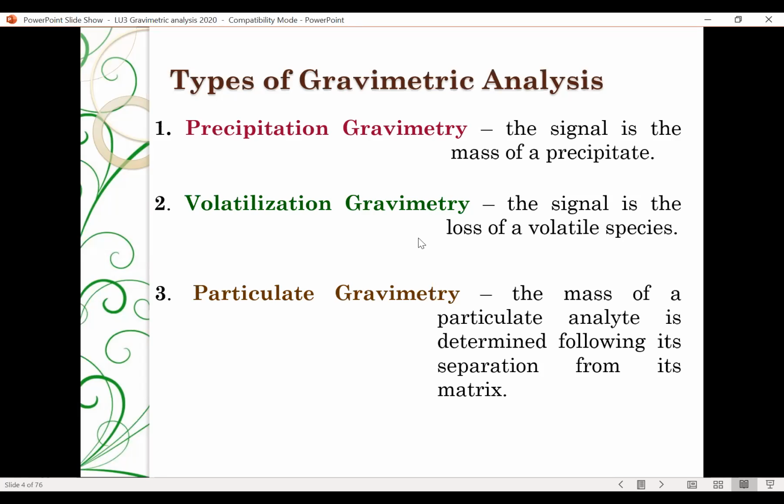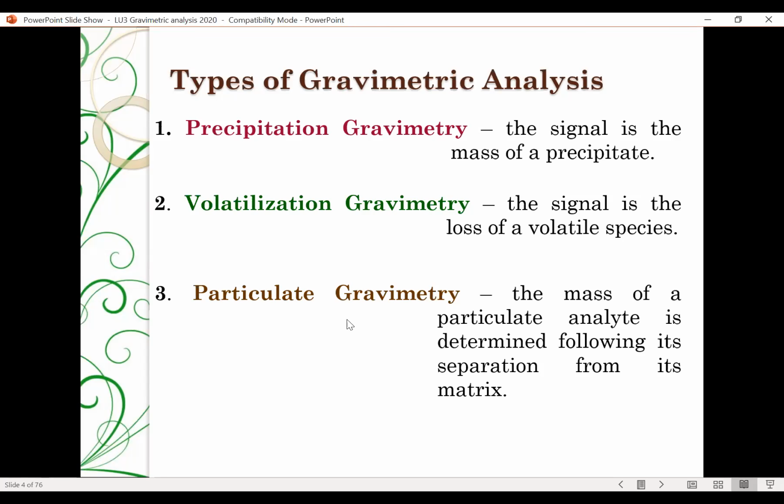The loss of the volatile species is the signal that we are having volatilization gravimetry. So in short, volatilization gravimetry normally involves heating or releasing the volatile species in our compound, in order to get information on the mass of volatile species of our analyte or compound containing our analyte.